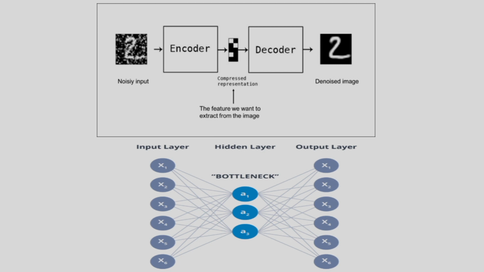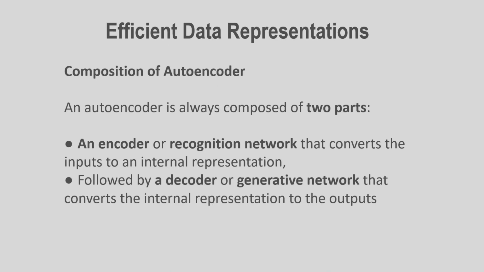In the second case also I am showing the structure of the autoencoder. You can see I have the input layer, hidden layer, and the output layer. Now the composition of the autoencoder. First, I need an encoder, or recognition network, that converts the input to an internal representation.